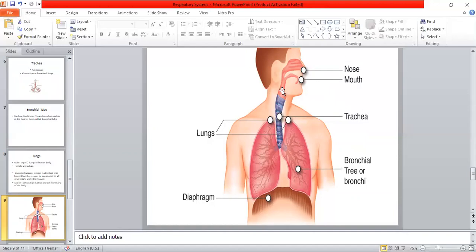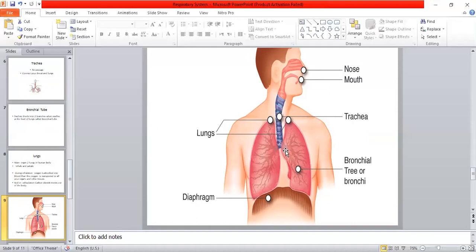Air enters the pharynx, then from the pharynx it enters into the trachea. That blue colored pipe is called the trachea. When the trachea reaches the level of the lungs, it is divided into two further branches called bronchi, singular bronchus, or you can say bronchial tubes.